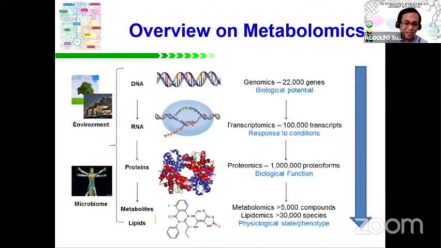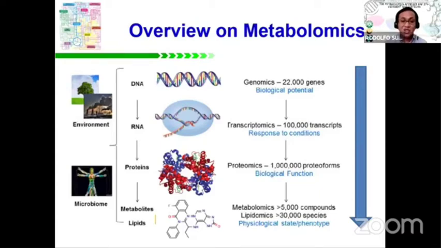So one of the advantages of doing metabolomics is that there are only relatively few metabolites in a biological system. If you compare that with the number of genes, as predicted by the Human Genome Project, we have about 22,000 genes, while the transcriptome that arises from the genome, mainly RNA, has about 100,000 mRNA transcripts.